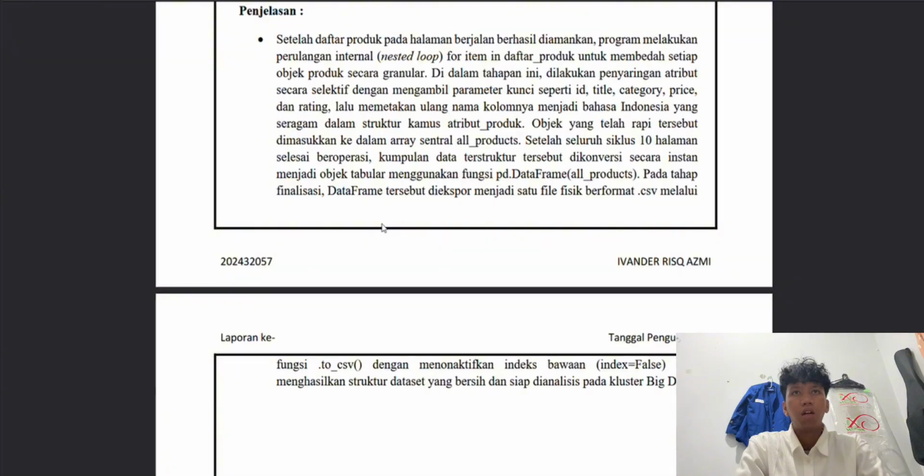During this process, in selective attribute filtering, the program accesses only the key parameters required from the API, such as ID, title, category, price, and rating. These attributes are renamed into uniform Indonesian column headers, namely ID product, name product, category, harga, and rating score.